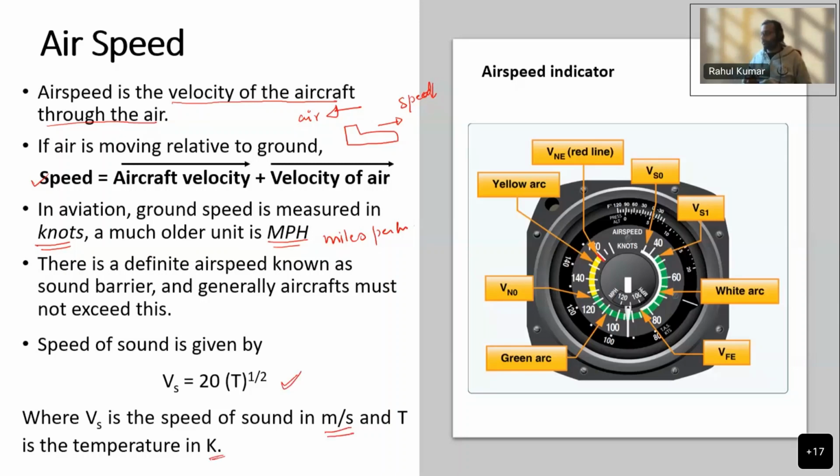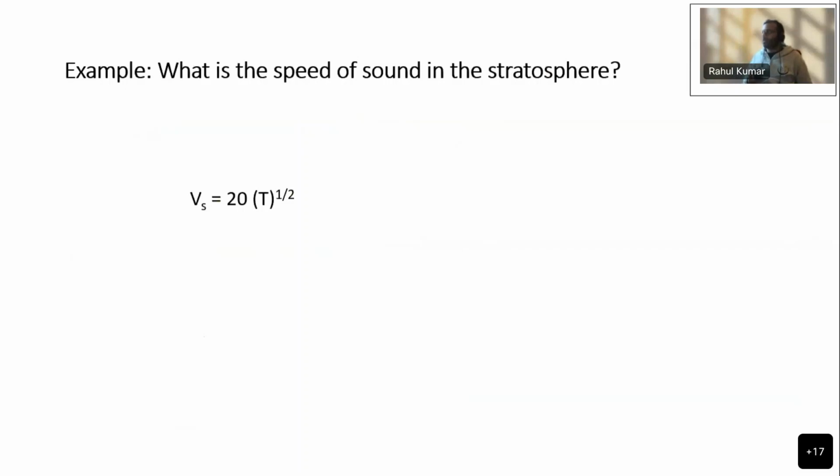Let's use the equation and try to solve a numerical. It's a very short numerical. So let's read the question. The question says, what is the speed of sound in the stratosphere?